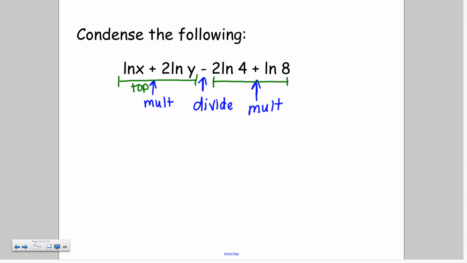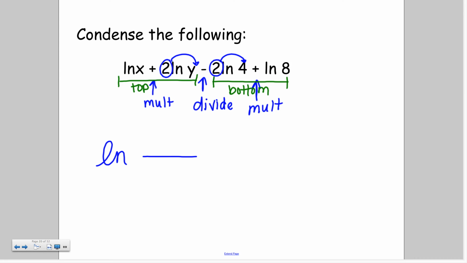Everything after that subtraction sign is on the bottom. Okay? We also have exponents because there's numbers out front. Okay? Now, let's go ahead and look. We've got an ln for all of it. So take that ln out.